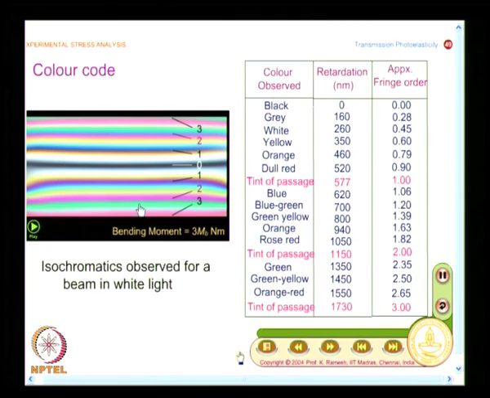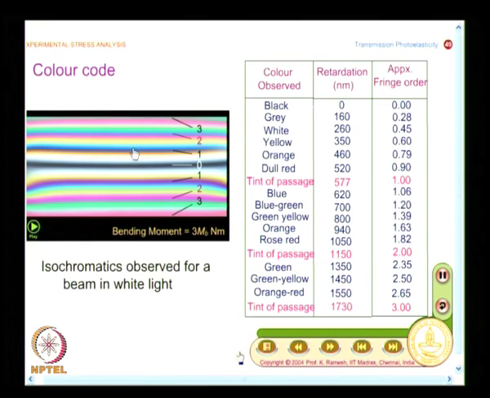a fairly good idea. When it is black I have fringe order 0, when it is a blue red transition you have fringe order 1, and with the rose red and green transition you have fringe order 2. Similarly, you have orange red and a shade of green, which is fringe order 3.